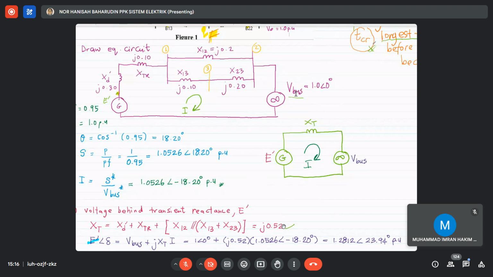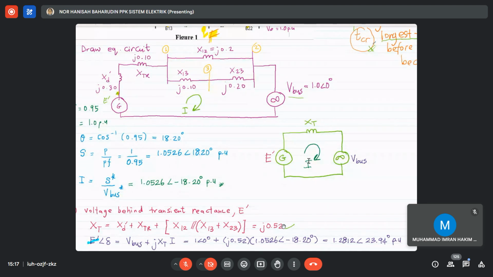It is the same infinite bus voltage. So the S conjugate, which is this value, will be divided by V bus, which is 1. That's why you are going to get a minus here because of the conjugate. From positive it becomes negative in order to get the current.